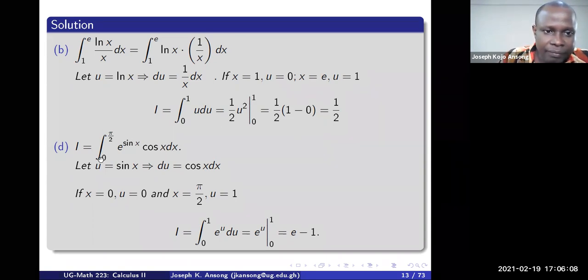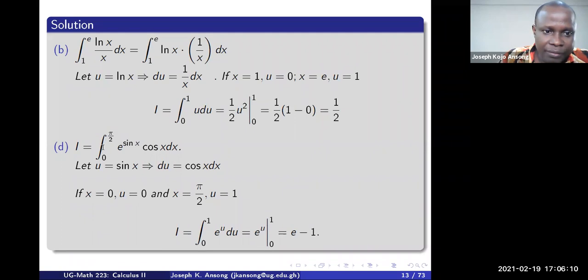Now, once again, be careful to change the limits, okay? When x is 0, sine of 0 is 0, so u will be 0 as well. And when x is equal to pi over 2, sine of pi over 2 is 1, so u becomes 1 when x is pi over 2, okay? So now I'm going to integrate from 0 to 1 instead of 0 to pi over 2.